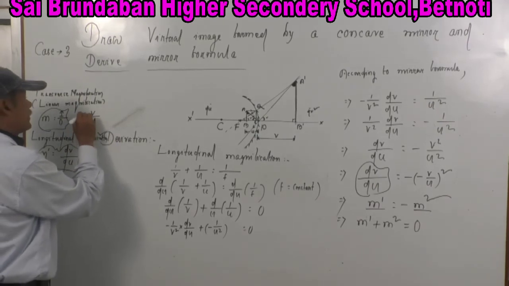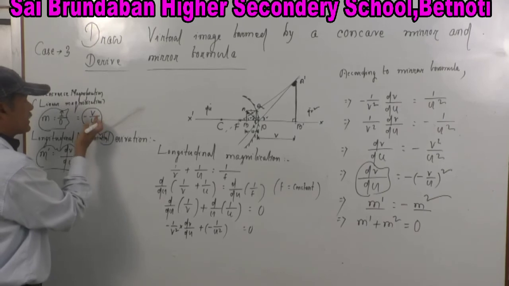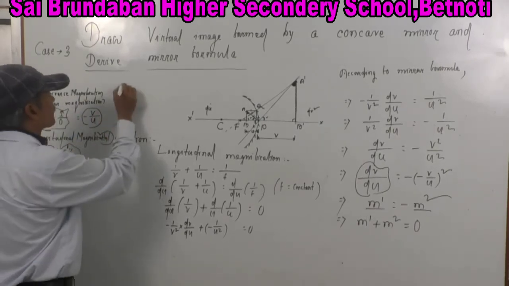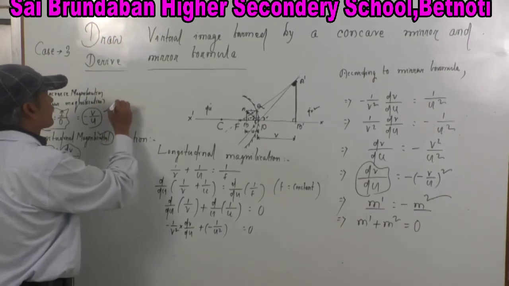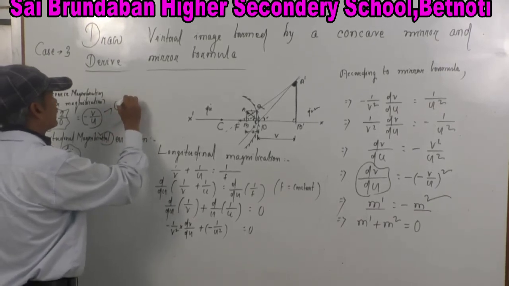You just remember minus v by u. Then you can easily transfer it, this is in the form v and u.